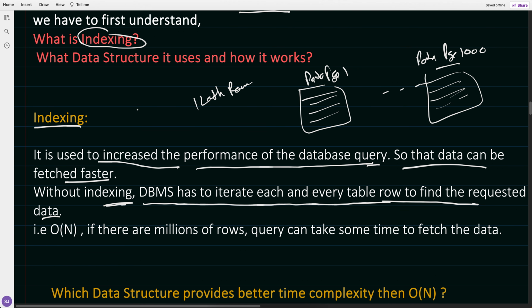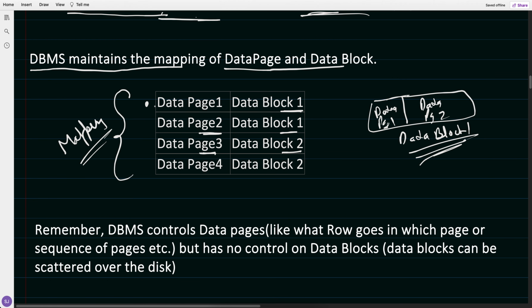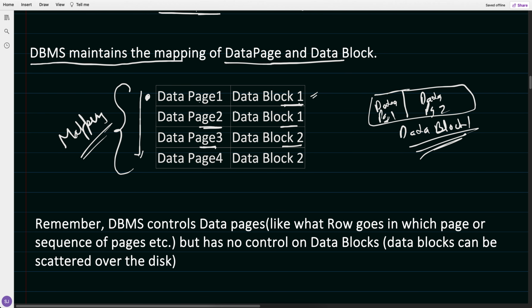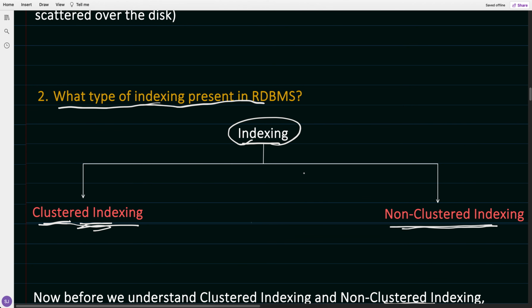Now if you have to find the data with employee ID 35, DBMS doesn't know which data page the employee 35 record goes into. All DBMS has till now is the mapping of which data page goes into which block. So in the worst case, it will iterate over this mapping: page 1 goes to this physical memory, it loads this block into main memory, takes out the rows, and reads this page.